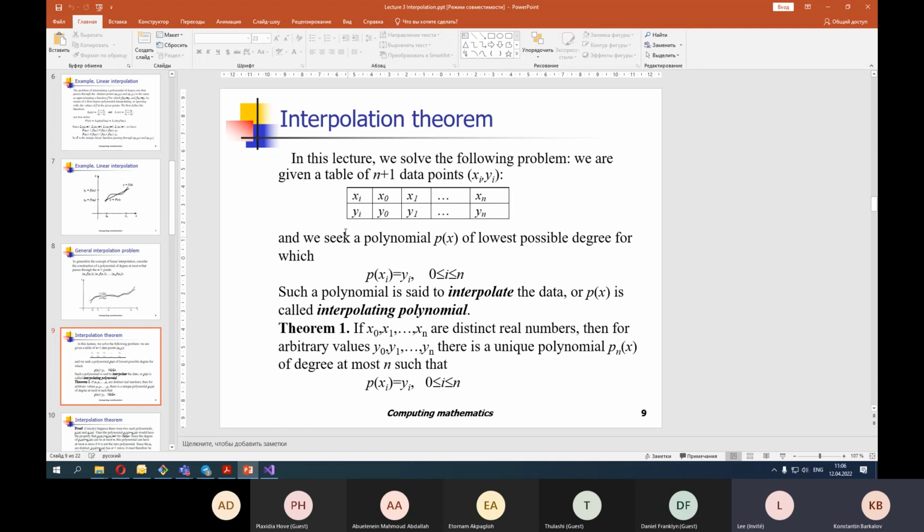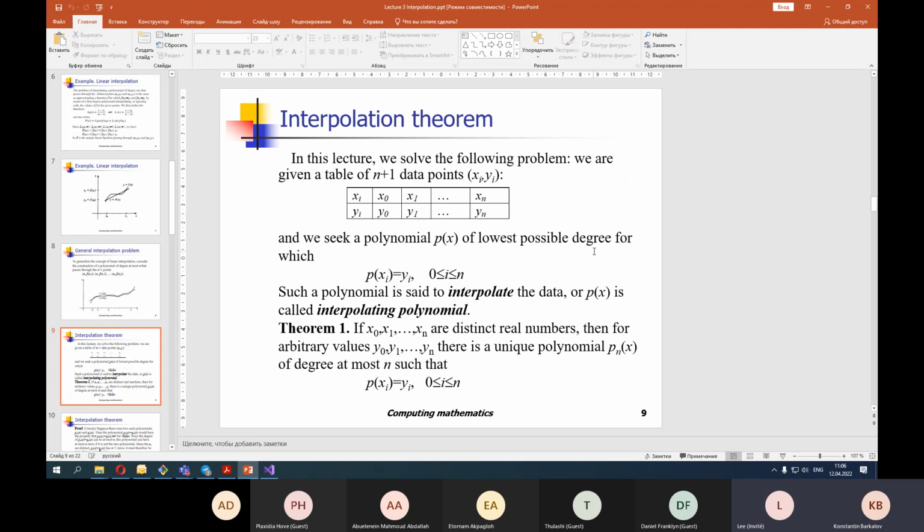In other words, we have a table with the values of x and y, and we seek a polynomial of lowest possible degree for which p of xi equals yi.